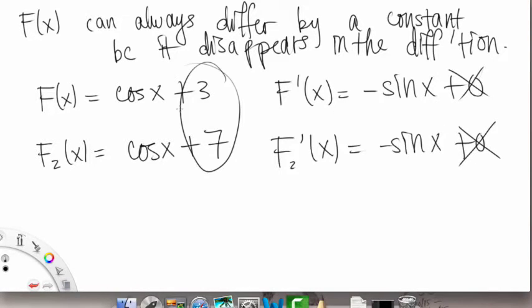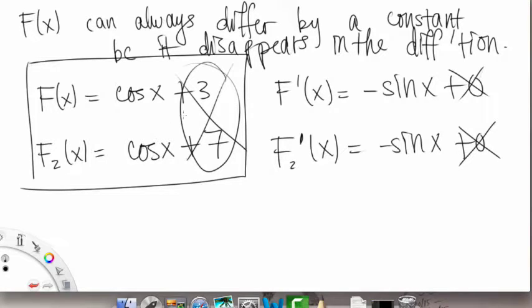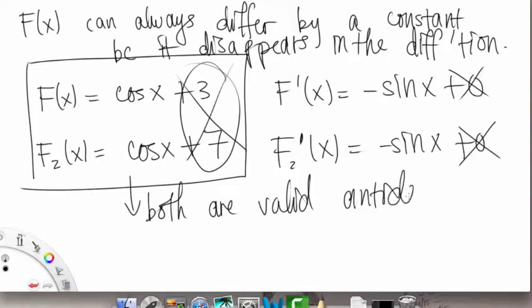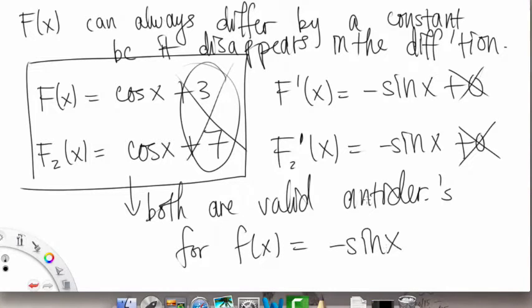So the constant in our antiderivative can differ, and we still get the same derivative of the capital F function. Therefore both the 3 and 7 versions are valid antiderivatives for the function lowercase f of x equal to negative sine x. Both of them can serve as an antiderivative.